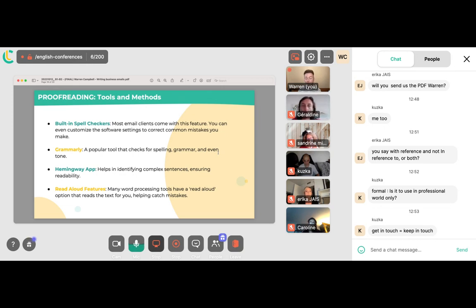Grammarly, another very popular tool that checks for spelling, grammar, and even tone as well. Hemingway app, I think I'm named after the one and only Ernest Hemingway, helps in identifying complex sentences, ensuring readability. And read aloud features. Many word processing tools actually have a read aloud option that reads the text for you if you don't want to do it yourself.